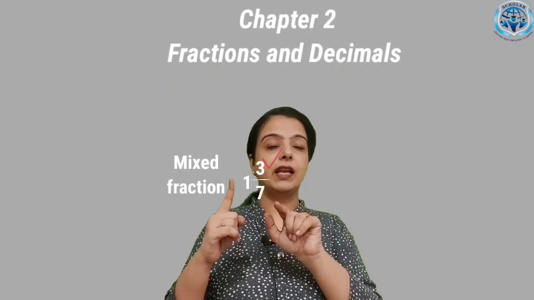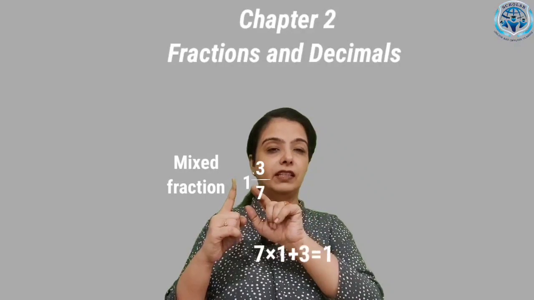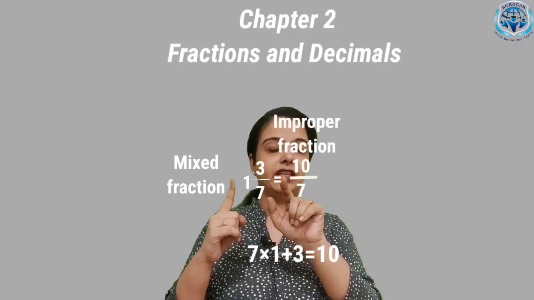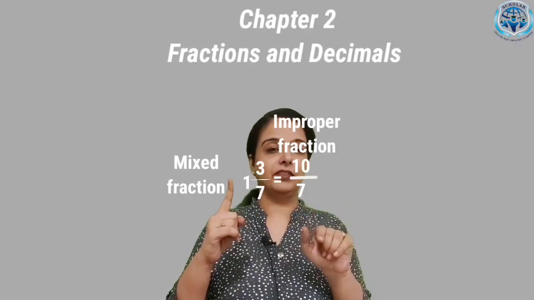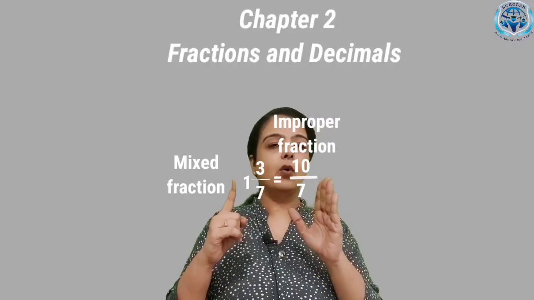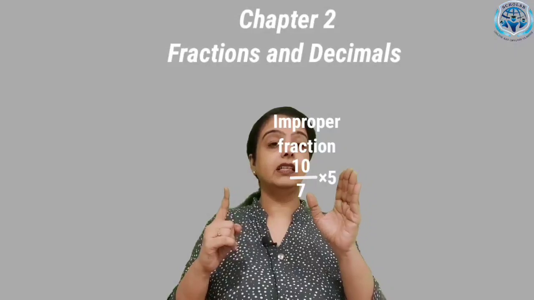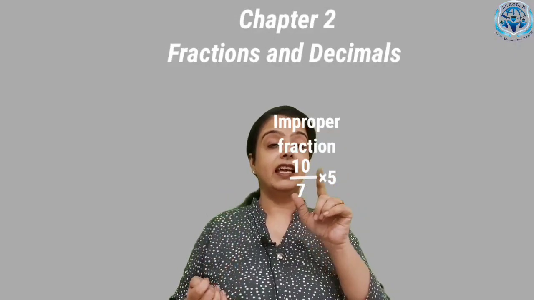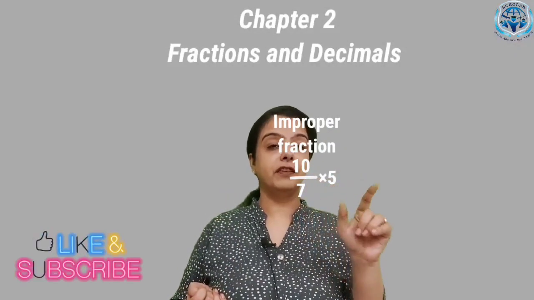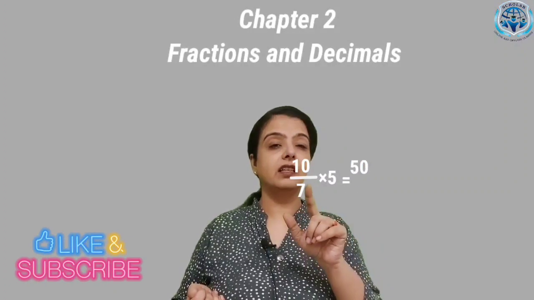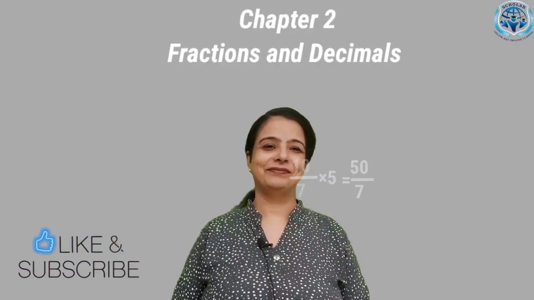Like we will multiply 7 and 1 and add 3, that means 10 by 7. Now we will multiply this fraction with whole number 5. 10 fives are 50. 50 upon 7 is the improper fraction.